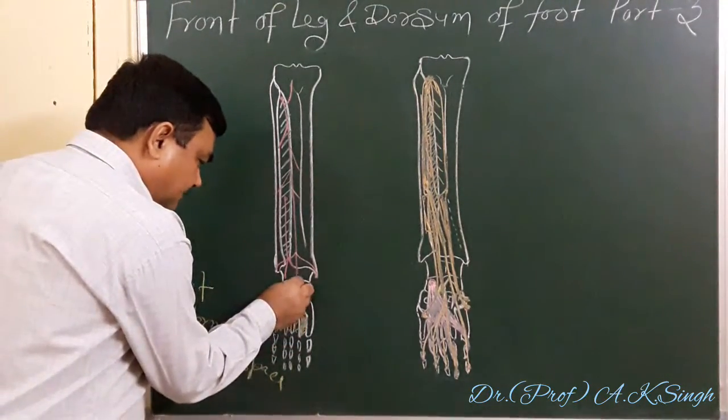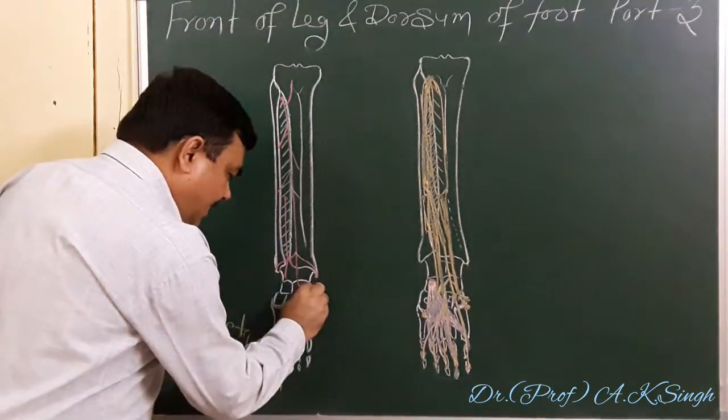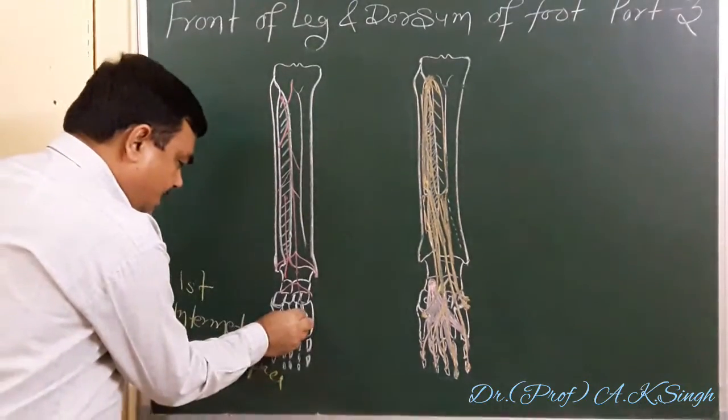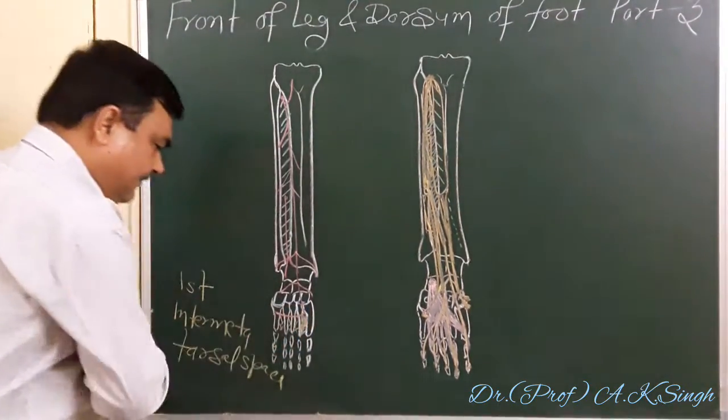Here it gives branches, medial tarsal branch, lateral tarsal branch. Here it gives branch arcuate artery.